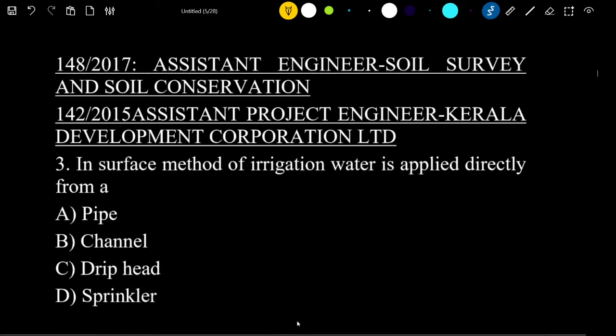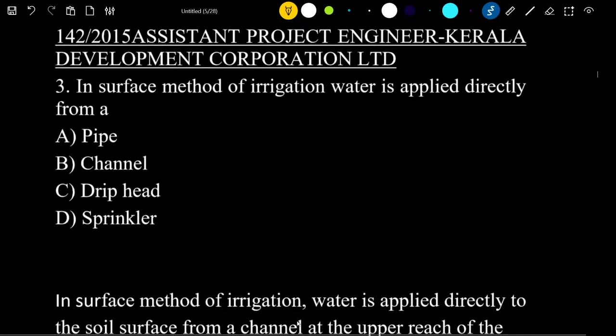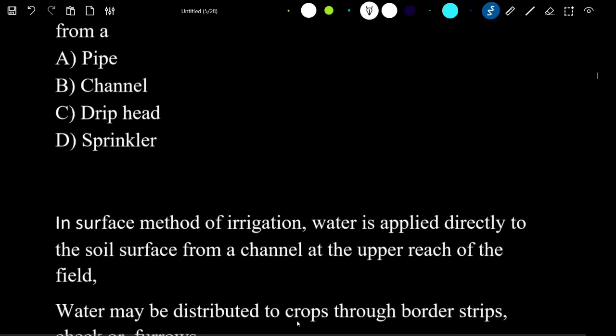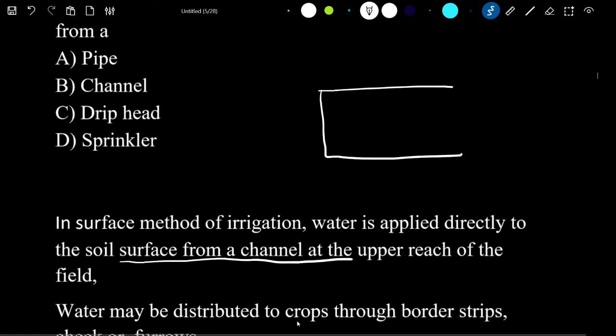Now, the next question is, in the surface method of irrigation, water is applied directly from. Now, in the surface method of irrigation, water is directly applied to the soil surface from a channel at the upper reaches of the field. For example, in the surface method, we divide the whole land into a number of portions.